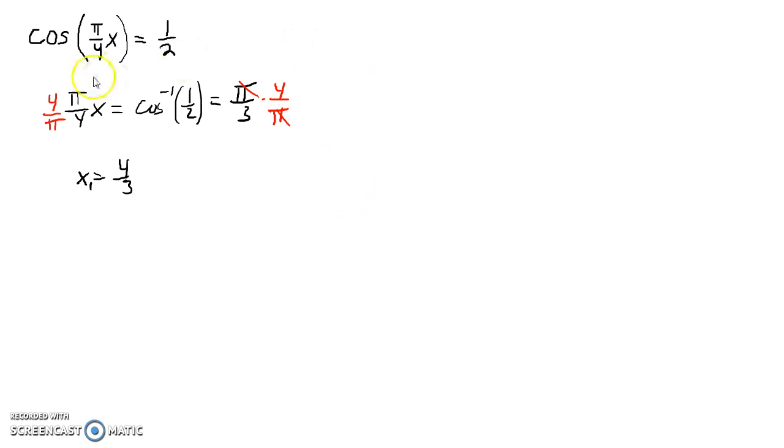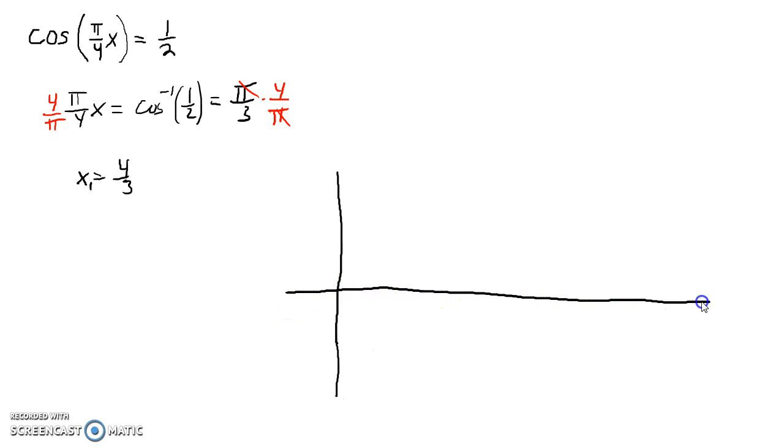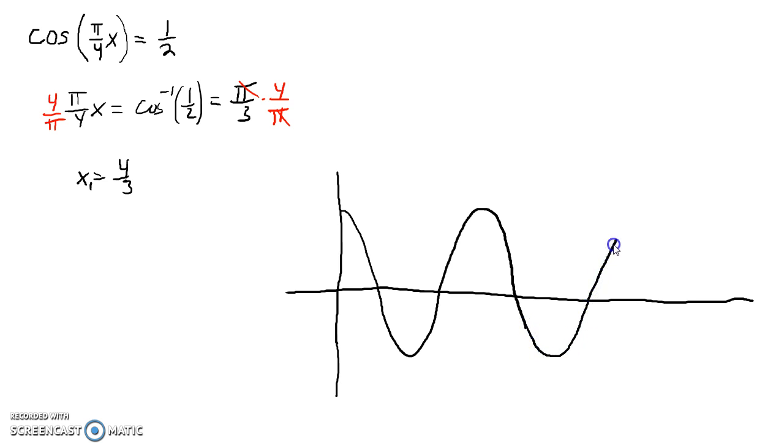Now, normally we want more than one solution, and so that's what we're going to talk about here: how to find those more solutions. This time, we're going to use a graph. So let me get out a nice big graph line here. This is just a cosine function, so I'm going to graph a cosine function. Looks something like that. I don't know how many solutions we need.